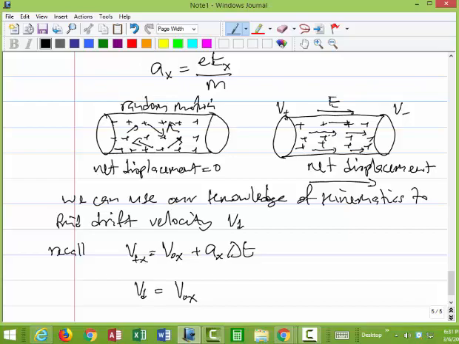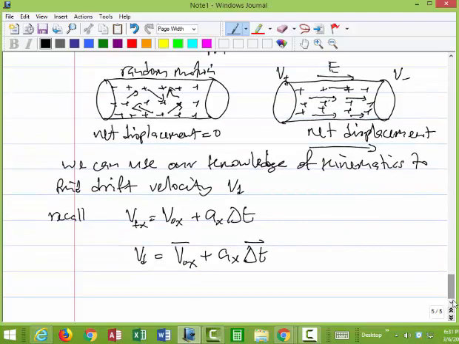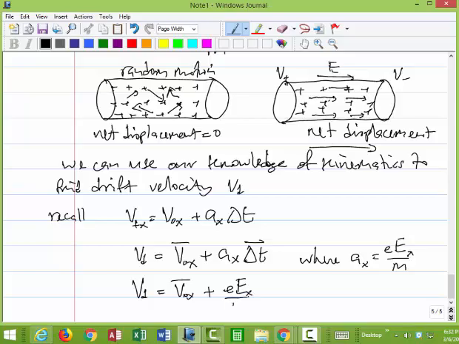So we shall say this is average x velocity initially plus acceleration x times delta t, which is our average time for motion, where we know that a_x is equal to lowercase e uppercase E_x over m. So we can say drift velocity is given by v naught x average plus e E_x over m delta t.